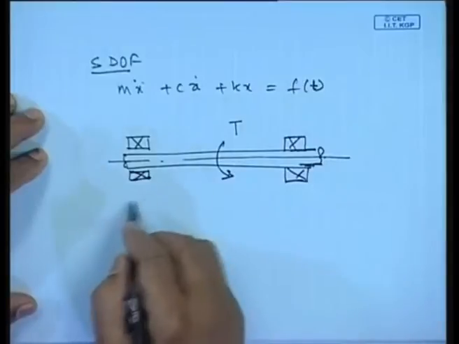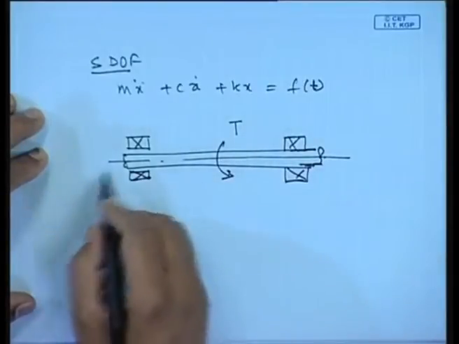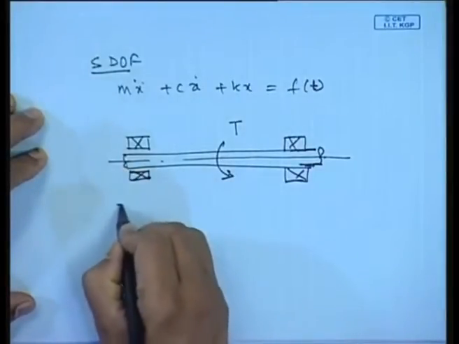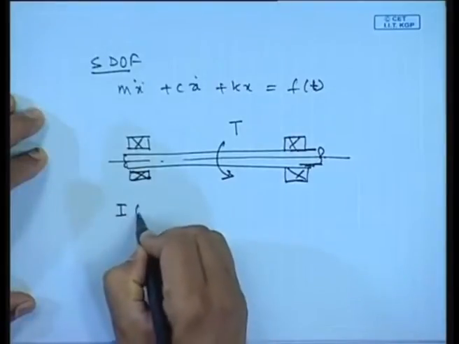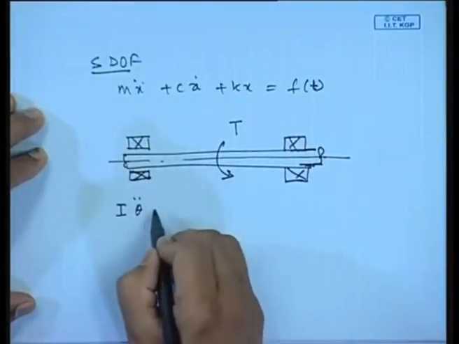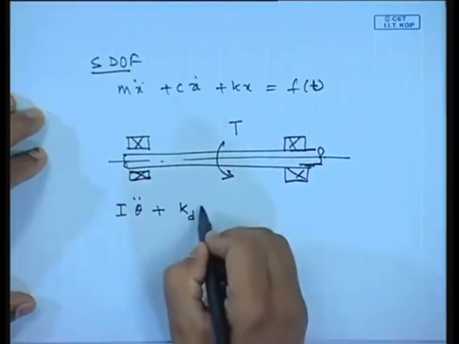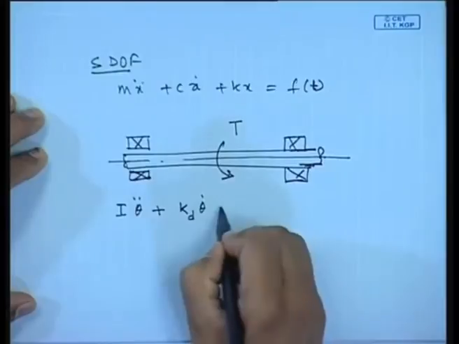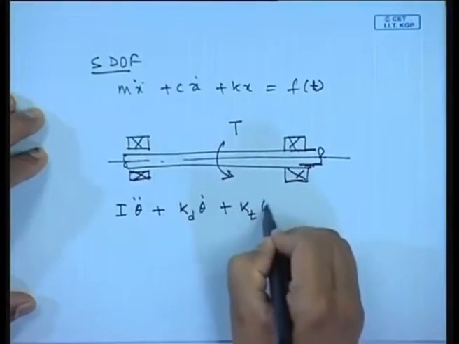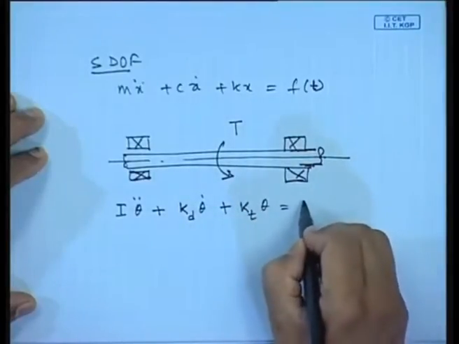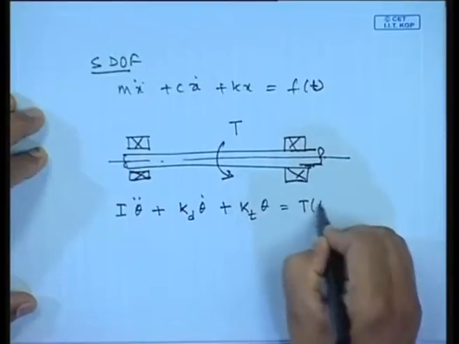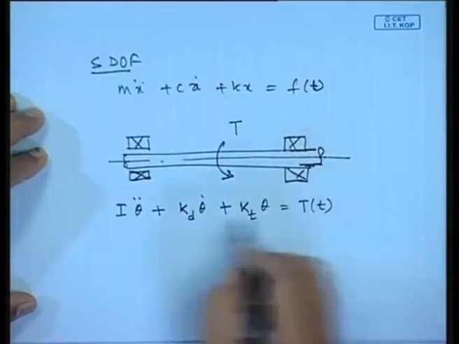So, how do I write the equation of motion for such a torsional system? This will be the mass moment of inertia times the angular acceleration plus the damping coefficient in the rotational domain times the angular velocity plus the torsional stiffness times the angle, equal to the applied torque, which I am writing as T as a function of t. Capital T is the torque.